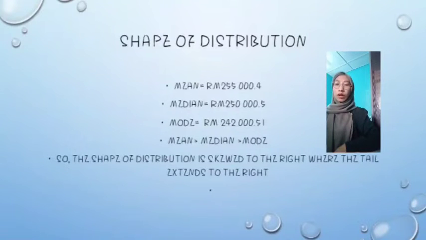Mean 255,000.4, median 250,000.5, mode 240,000.51. So the mean is bigger than the median and mode. So the shape of the distribution is skewed to the right, where the tail extends to the right.